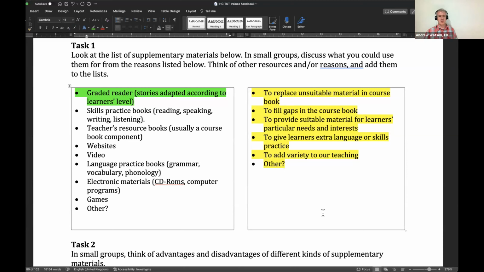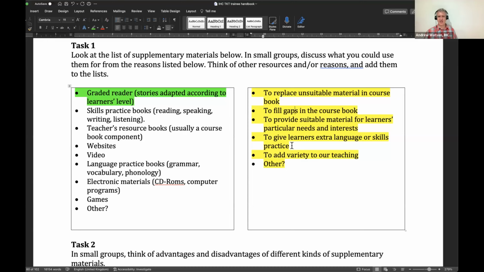Right, but what would its purpose be? What is the reason for using this? Look on the reasons side. To replace unsuitable material in the coursebook? No. Or to give learners extra language or skills practice?